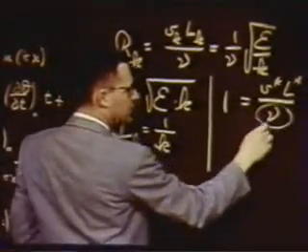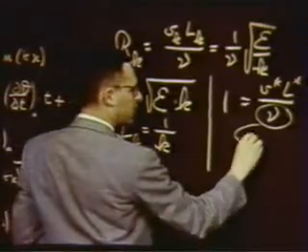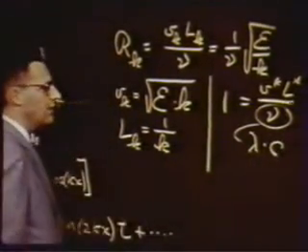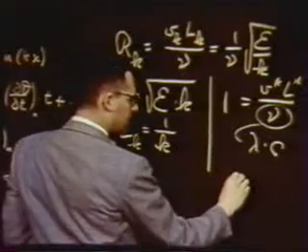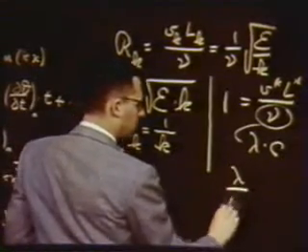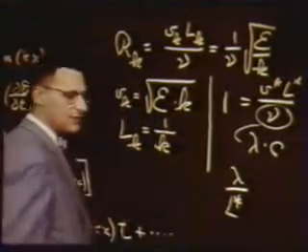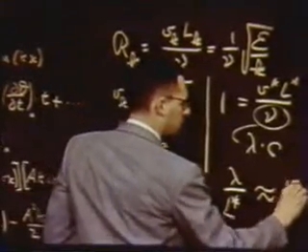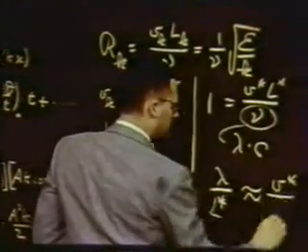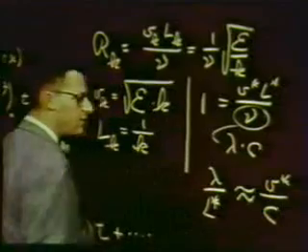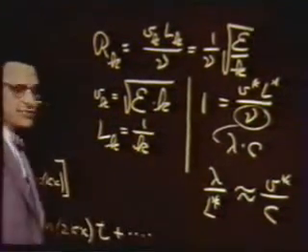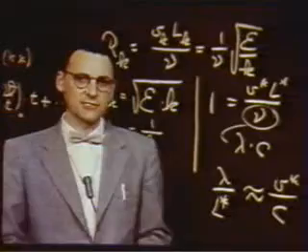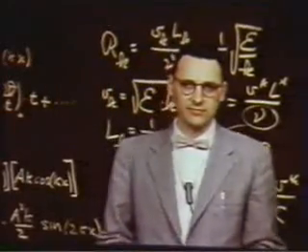From kinetic theory, we know the kinematic viscosity is representable as the mean free path times the molecular velocity c, and from this equation we get an estimate: the mean free path over the characteristic length of the turbulent small structure is of the order V star over c, the Mach number of the smallest eddies. And of course, in subsonic flow at least, this is an extremely small number.